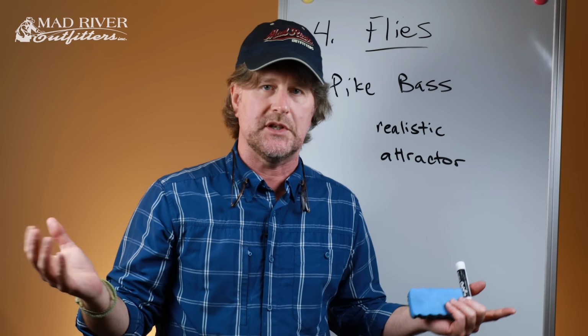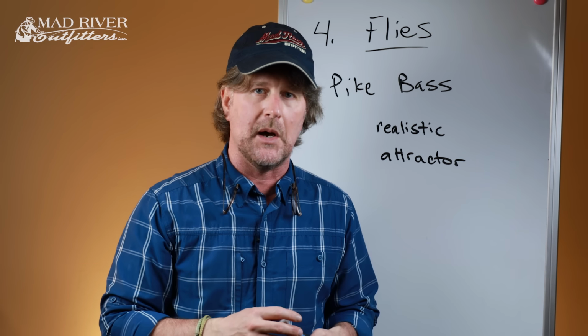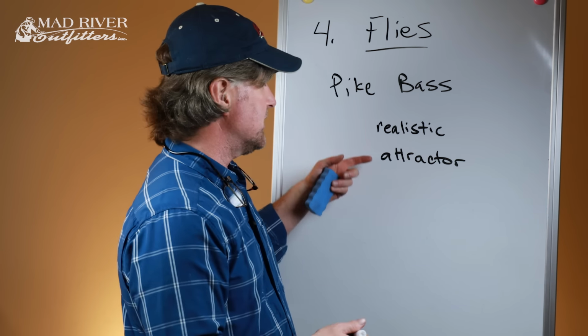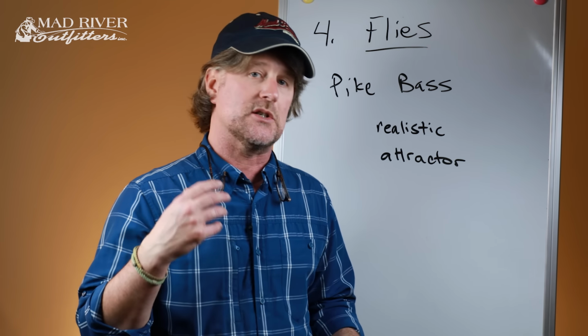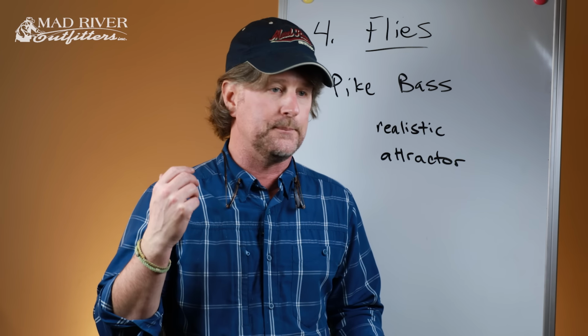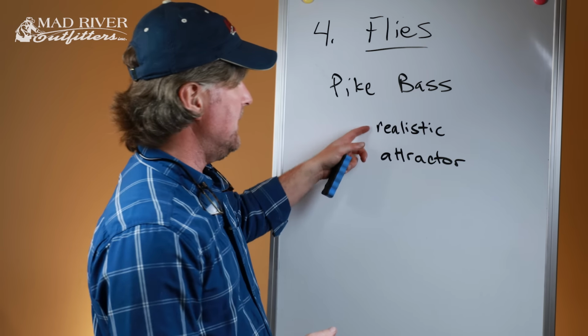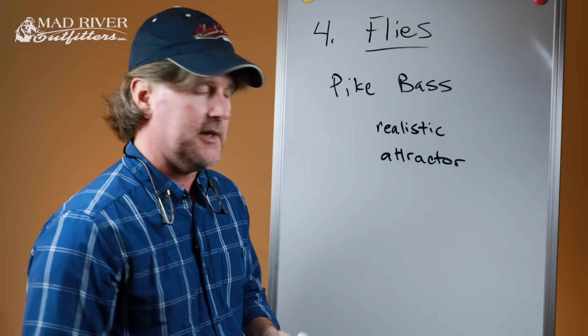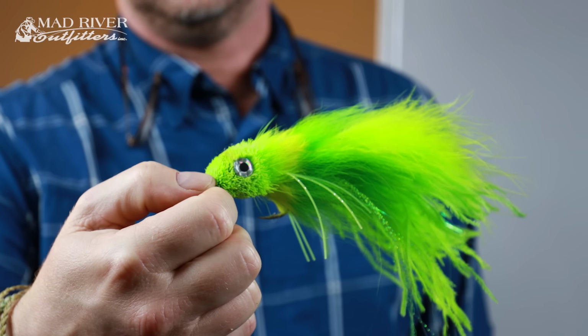It's chartreuse. It doesn't look like anything found in Mother Nature, but it's one of the world's best bass flies, and it just gets their attention. It just looks like something that they want to smash or eat or whatever it might be. So keep that in mind too, that you've got realistic flies and attractor type flies within each of the categories, really.